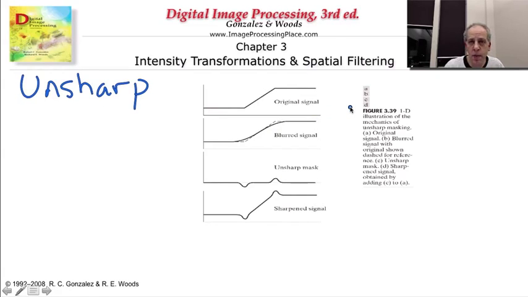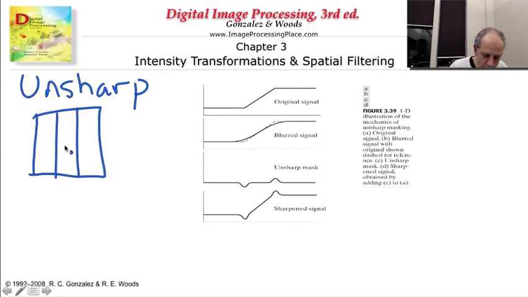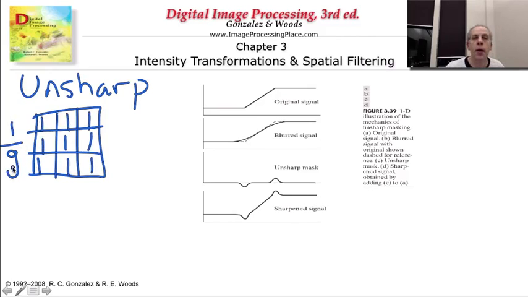For example, how can we smooth an image? We already know many ways of doing that. One of them is by doing local averages. So that corresponds to a mask, which is all ones, and 1/9, just to basically normalize. We do that, and then we subtract the original minus the blur image.